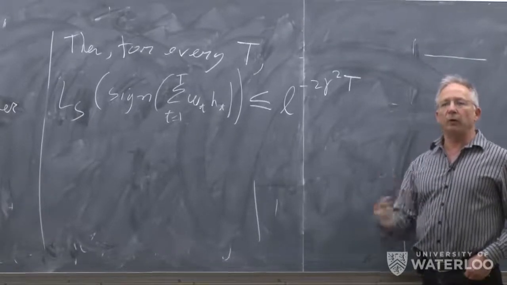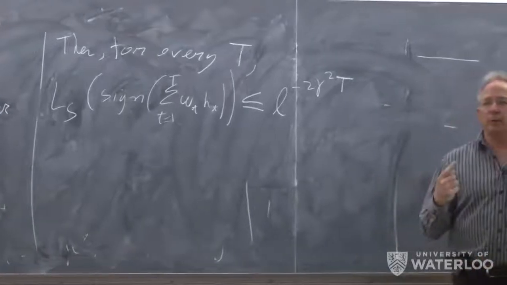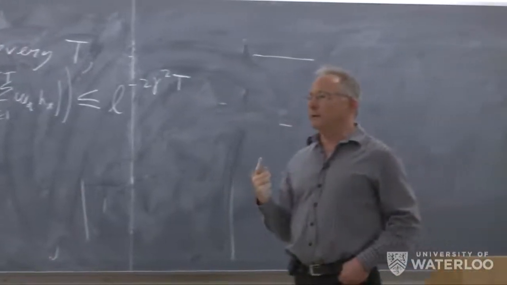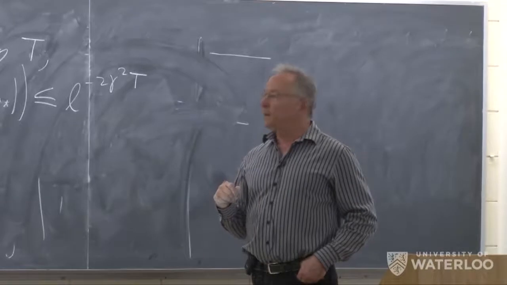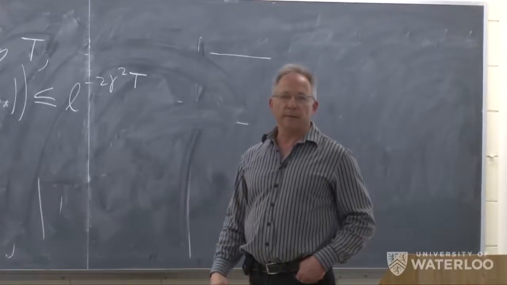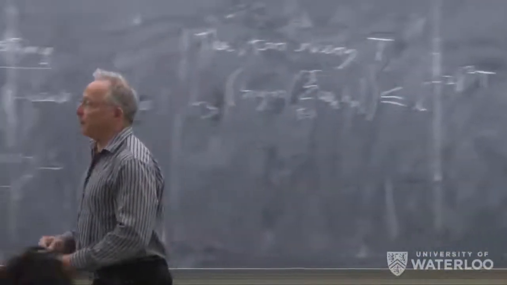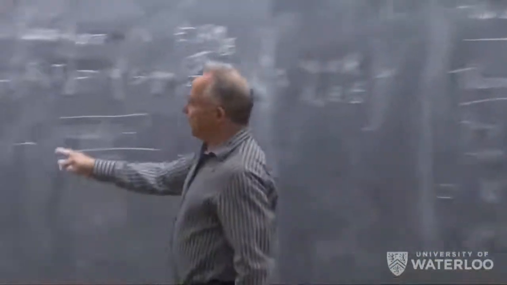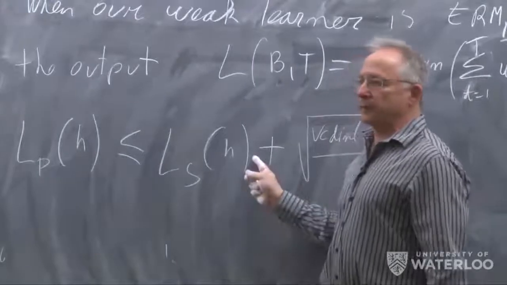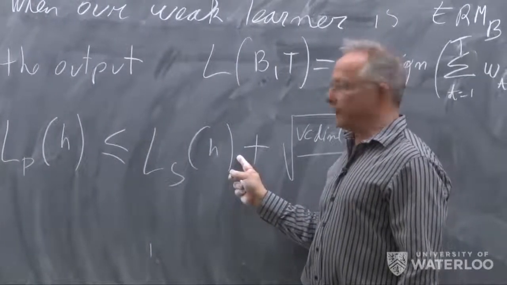However, there is a cost to making many iterations. What may be the cost of making many iterations? Yes? The VC dimension. Because this error goes down to 0 with more and more iterations, very fast.